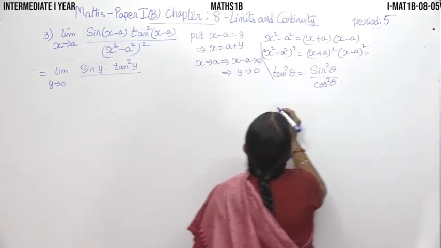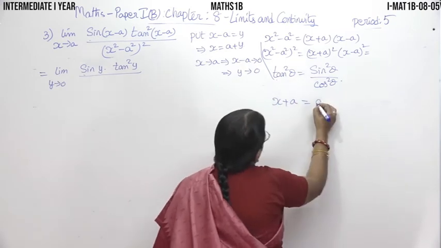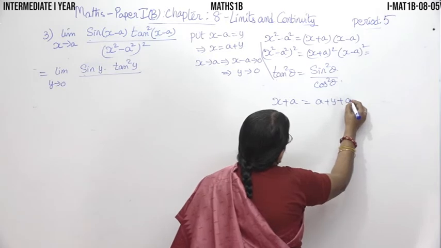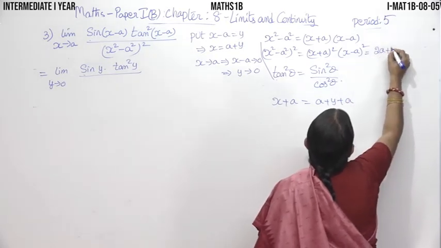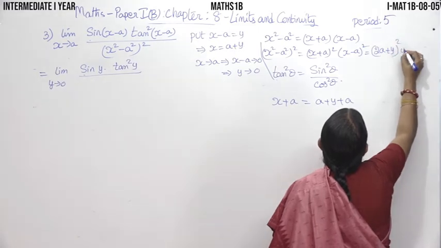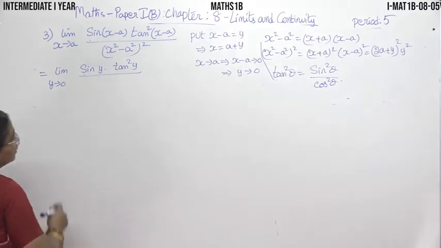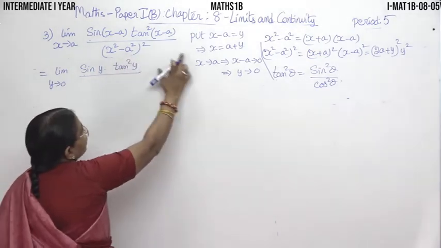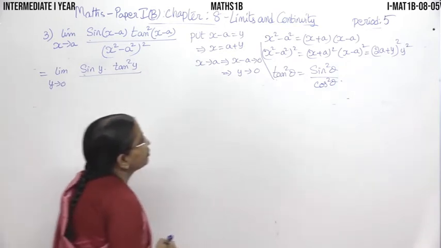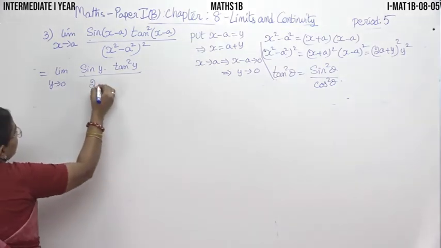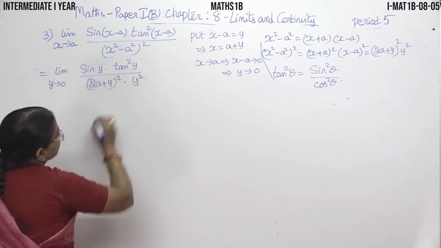So what is x plus a? x is a plus y, so a plus y plus a, that is 2a plus y. So 2a plus y whole square into y square. I simplified x square minus a square whole square here.